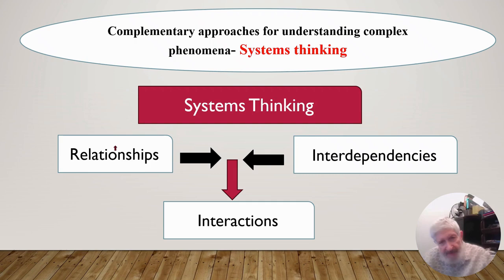So there are complementary approaches for understanding and analyzing complex phenomena. First being systems thinking. And some people even call it metacognition, a higher order thinking. It's thinking about thinking, knowing about knowing, and awareness of one's awareness.